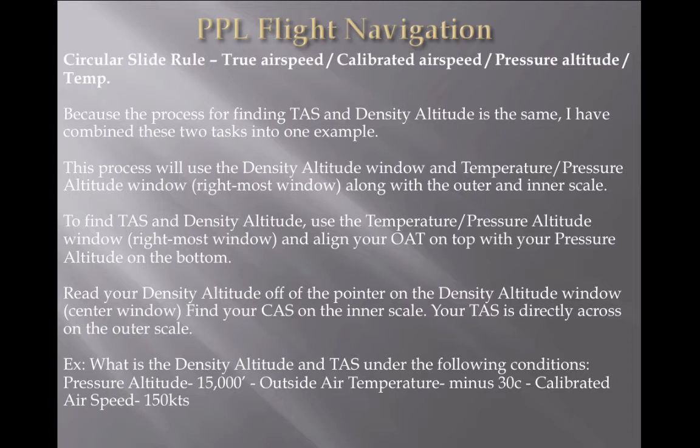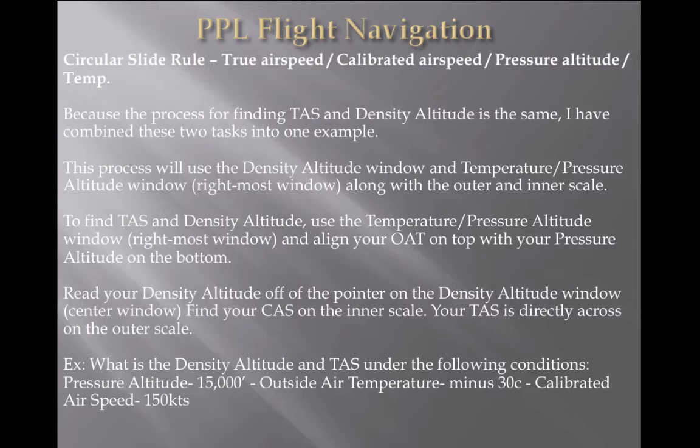Alright, so we'll do a quick example here. What is the density altitude and TAS under the following conditions? So with a pressure altitude of 15,000 feet, in the pressure altitude window, where we've got the 1,000 feet, which is the bit that moves underneath the spin wheel, you want to set your pointer, and let's start with a 0 pointer on the top part, the air temperature guide.